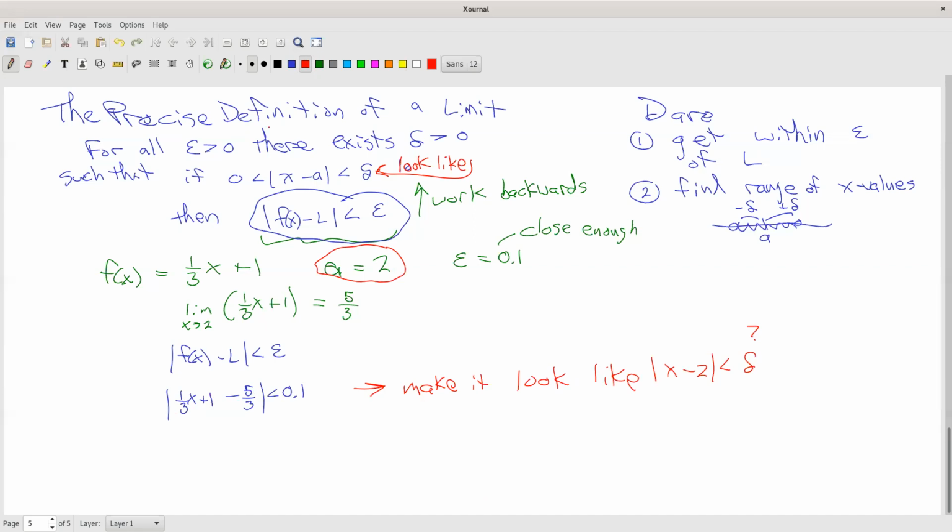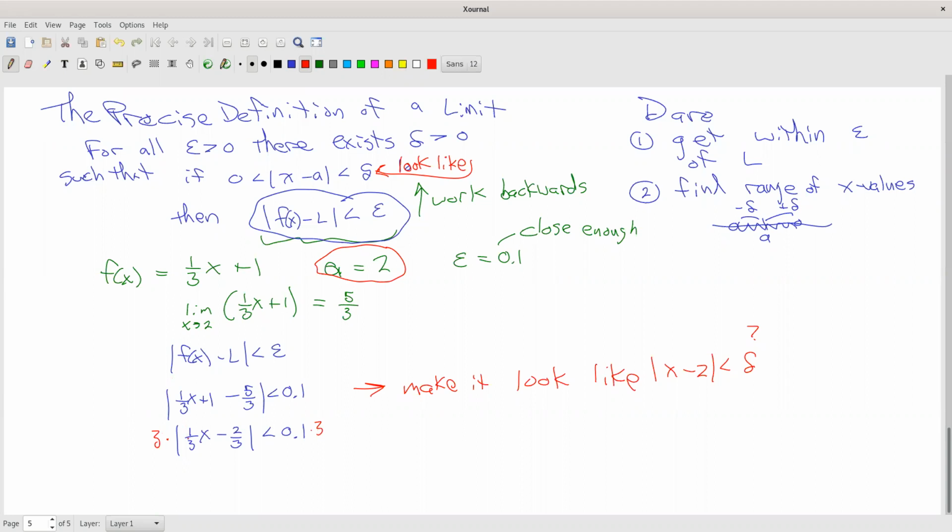So this simplifies to 1/3 x minus 2/3. And that's less than 0.1. So I'm just cleaning this up, trying to make it look like that. Okay, well, I'm getting closer. I have a subtraction here. That's a good sign. If only that 1/3 wasn't there. Well, if I multiply both sides by 3, then that 3 is going to distribute through here because it's positive.